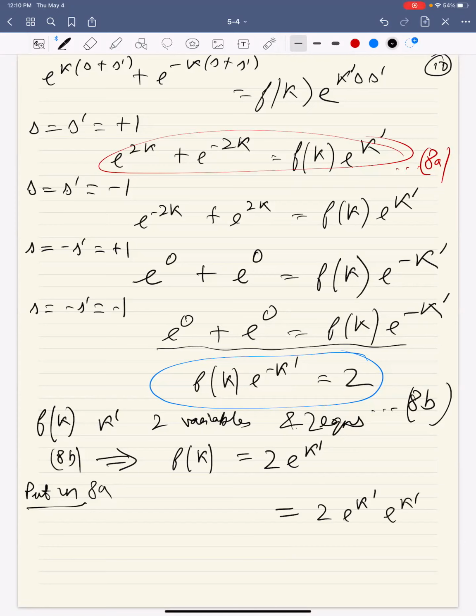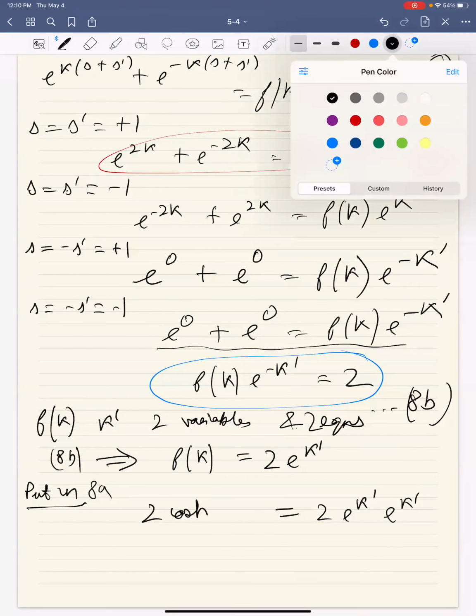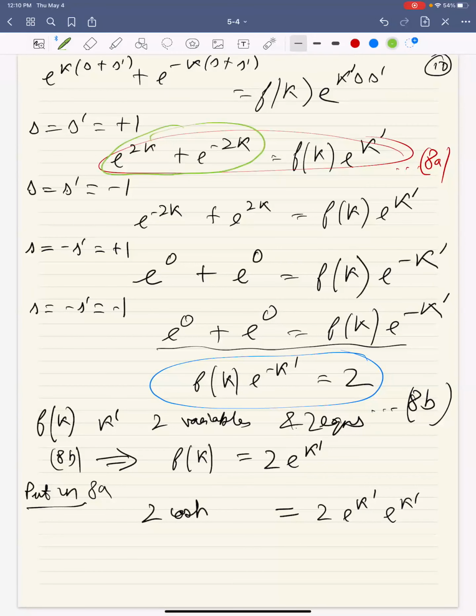The left-hand side is e to the power 2k plus e to the power minus 2k. That can be written using a hyperbolic function. Anyone remembers? We saw hyperbolic tan last time. This one is related to hyperbolic cos, okay? So this thing becomes 2 hyperbolic cos of 2k.